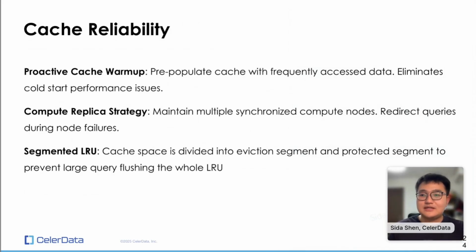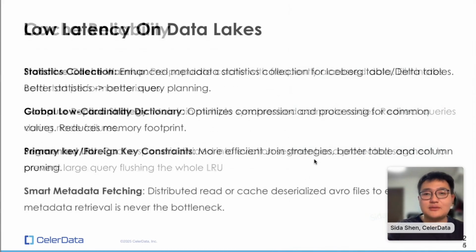When data is in the protected segment, it's relatively more difficult to get evicted. So that way, it makes sure that no one single big query, big scan, a SELECT star, invalidates all of the hot data that you have, right? So this is cache reliability.